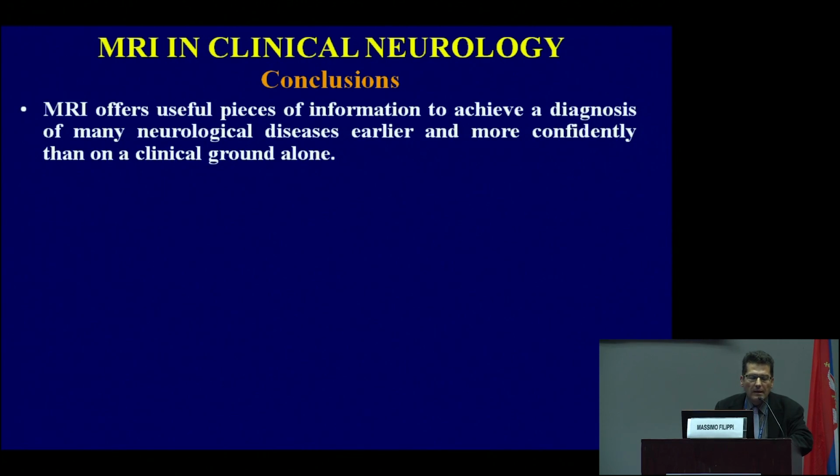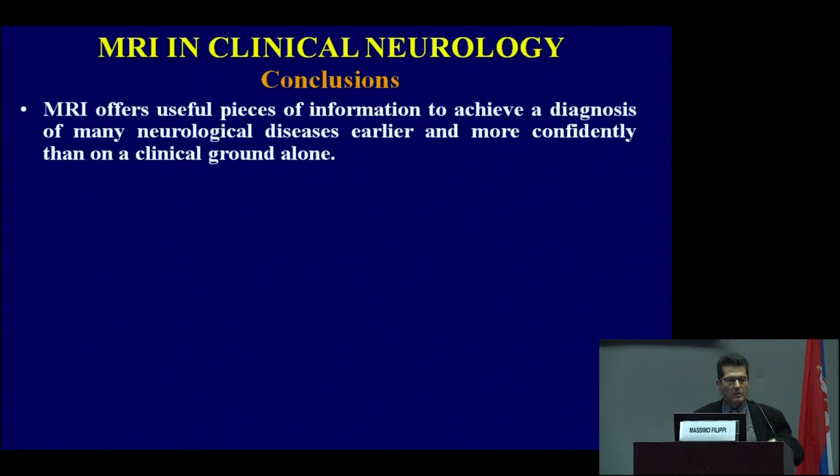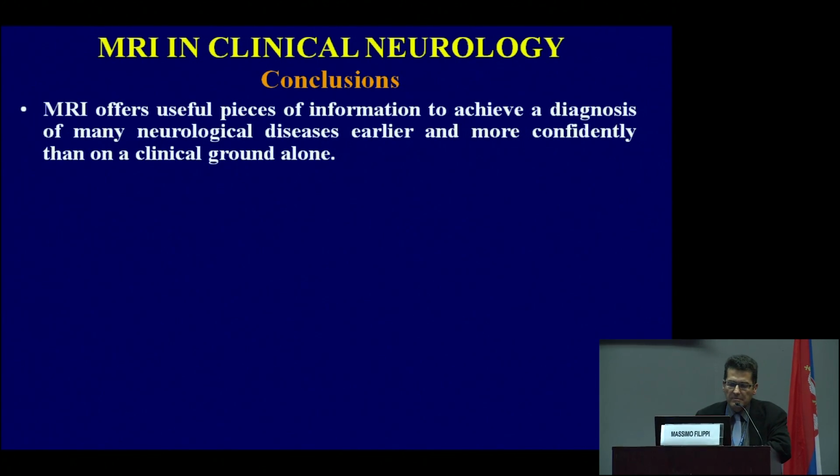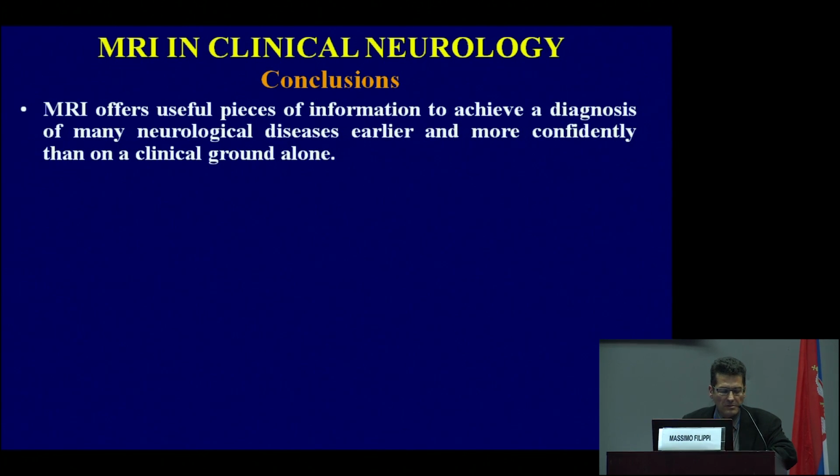So I think my time is going to end, so I move on to the conclusions. So first conclusion is that I hope I convinced you that MRI offers useful pieces of information to achieve a diagnosis in many neurological diseases earlier and more confidently than on a clinical ground alone. This does not mean that clinics is not important. I'm just saying that if you couple a clinical assessment with MRI assessment, you will establish your diagnosis much better and much earlier.